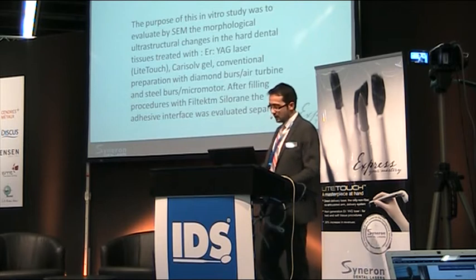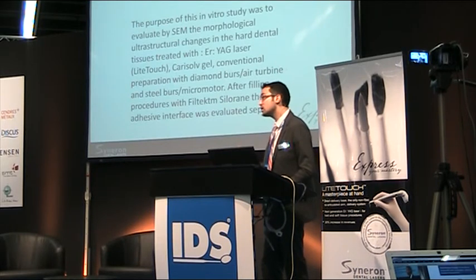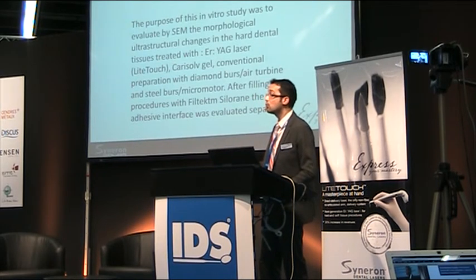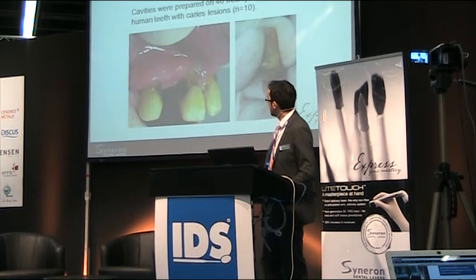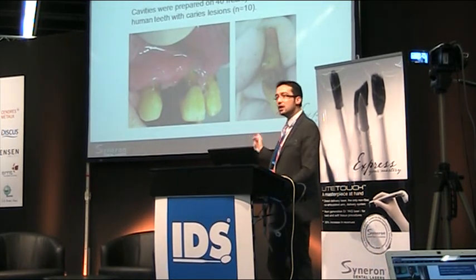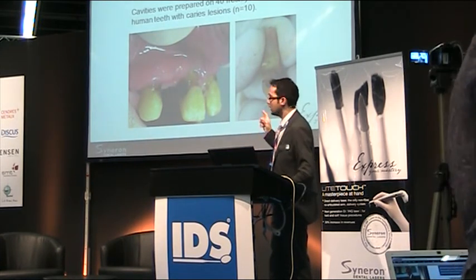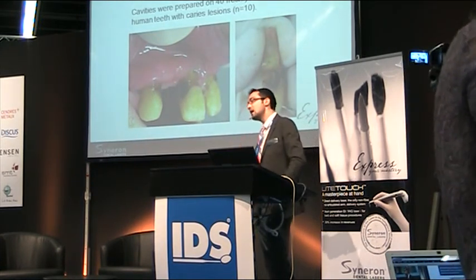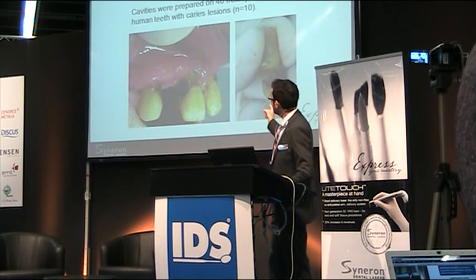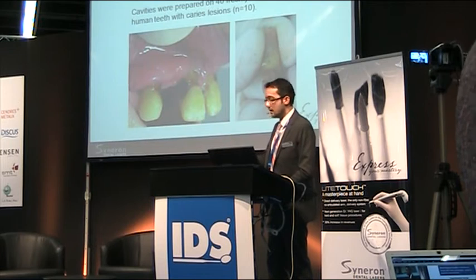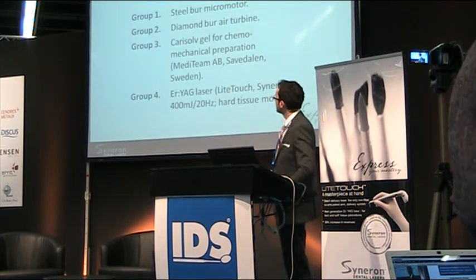The second investigation was dedicated to morphological changes in hard dental tissue when we treat with laser. We used natural human teeth that were extracted due to advanced periodontal disease, and these natural teeth contain natural carious lesions, and we treat them according to the protocol.